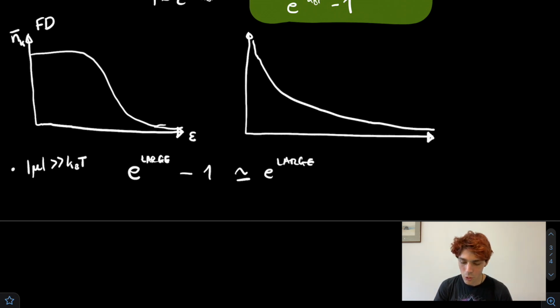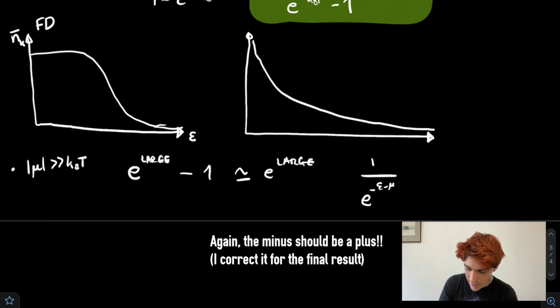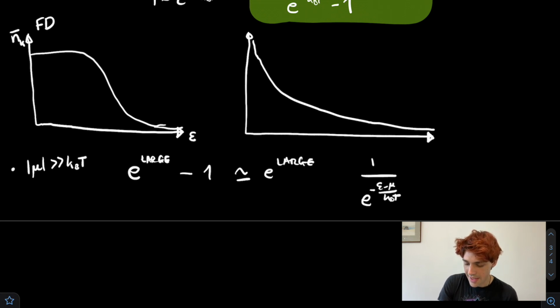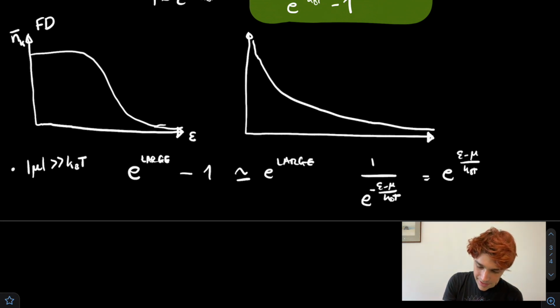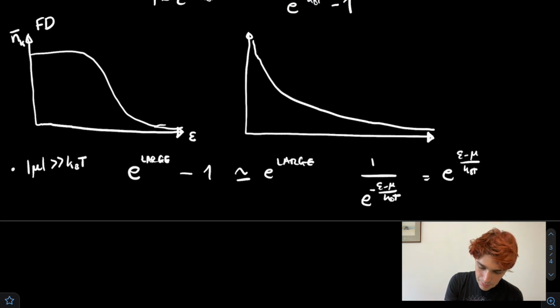So what are both distributions going to tend to? We're just going to get 1 over e to the (epsilon minus mu) over kBT, which is simply e to the minus (epsilon minus mu) over kBT. Sorry, there is a mistake there. That should be a plus: e to the plus (epsilon minus mu) over kBT in the denominator for the Bose-Einstein distribution.